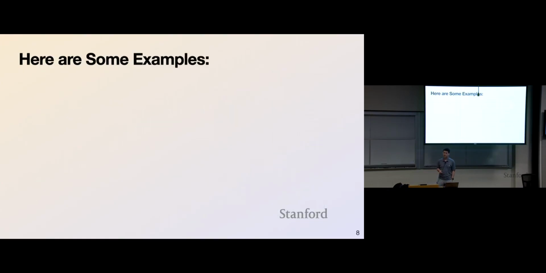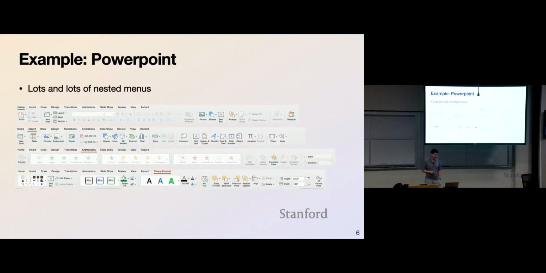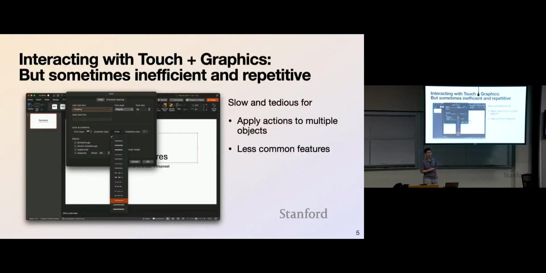So let's go back a little bit. Given this problem that applying actions to a lot of objects is kind of hard, and less common features take a lot of clicks, what could be some good solutions, especially given all the virtual assistant work you have been doing during the quarter?